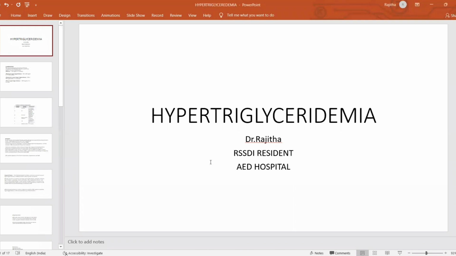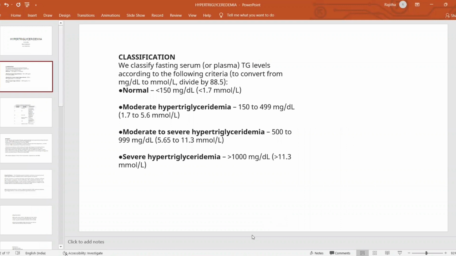Starting with classification. Before that, I would like to tell you a few sentences about general lipid metabolism. As we all know, we have the various fractions of lipids: triglycerides, total cholesterol, LDL, VLDL, HDL, and non-HDL.